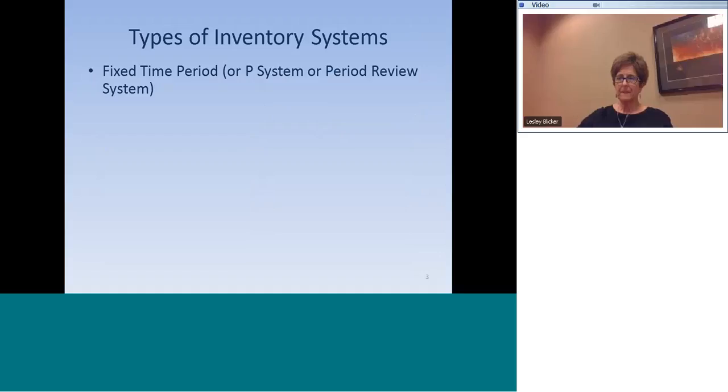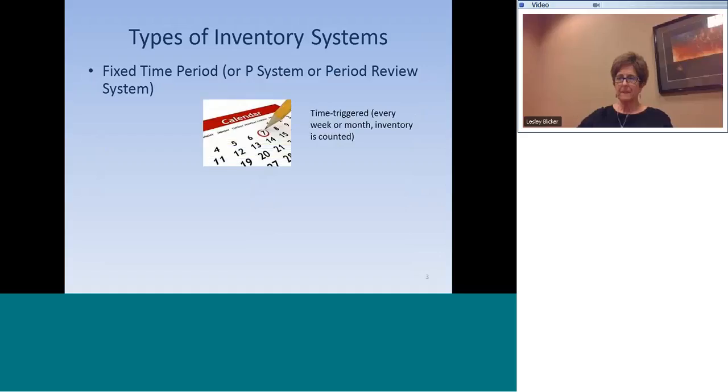The second type of inventory system is a fixed time period system, or a P system, or a periodic review system. In this type of system, we don't necessarily have a running inventory.